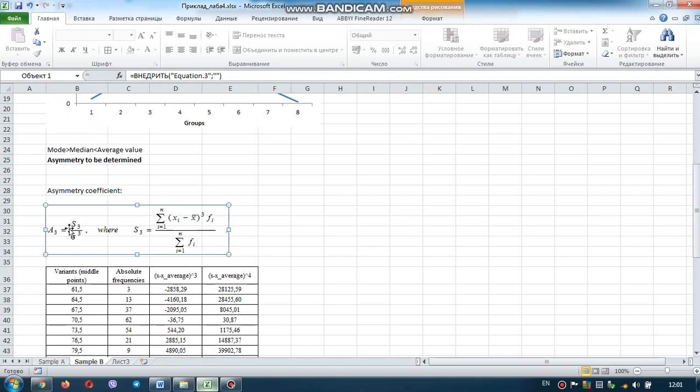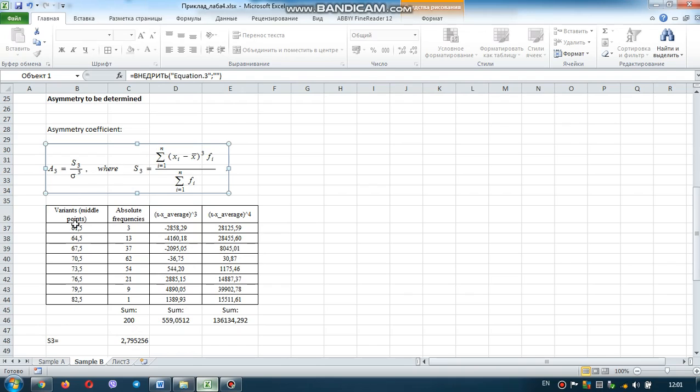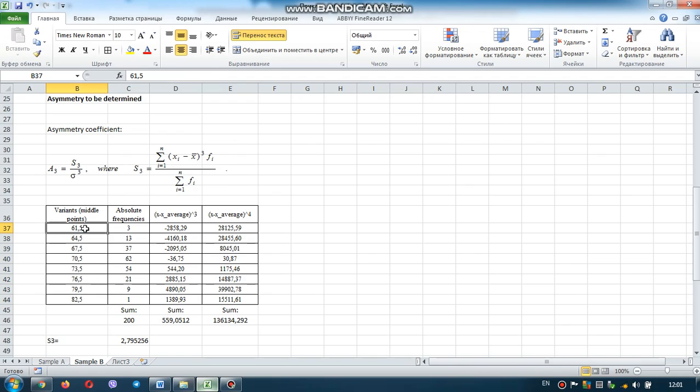Then we calculate the asymmetry coefficient in the same way, but instead of the variants, we consider the interval middle points. These points are taken from laboratory work number 1.